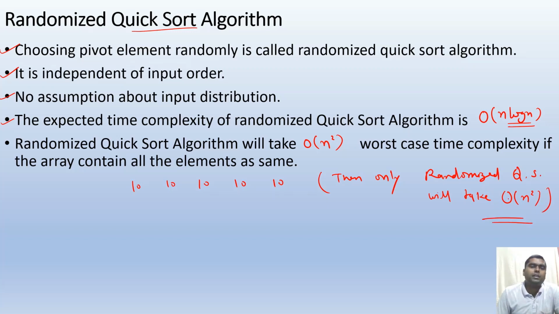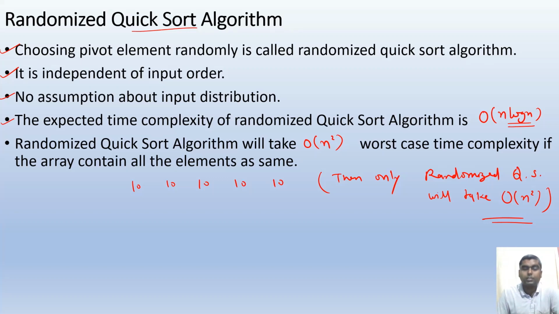Otherwise, in any case, it will take order of n log n time. That's why the selection of pivot element at random is the best choice. Okay, so it depends.